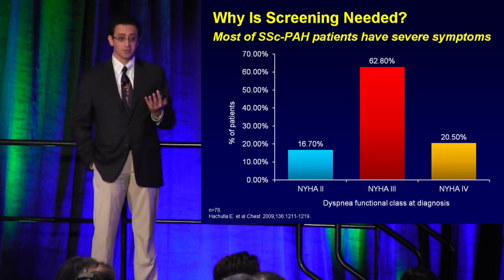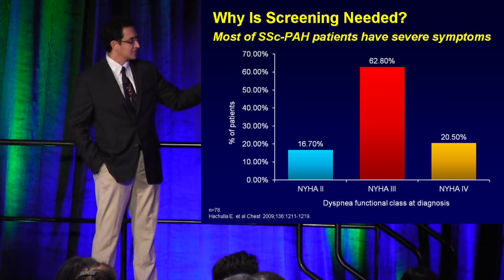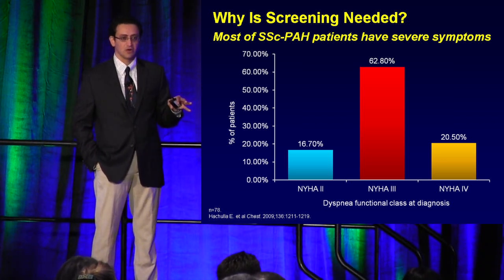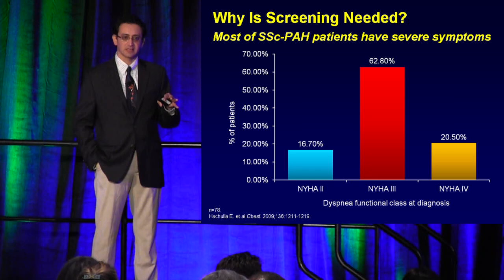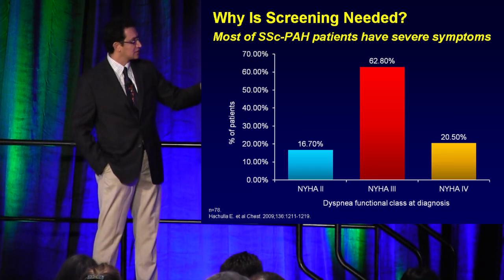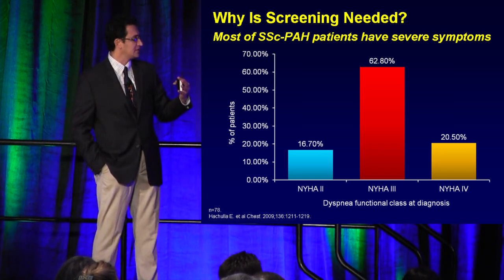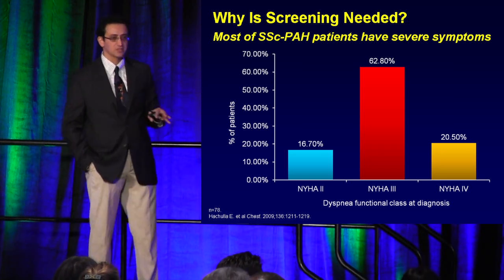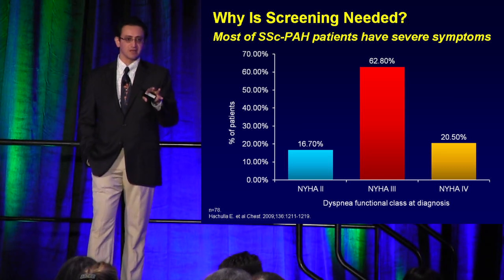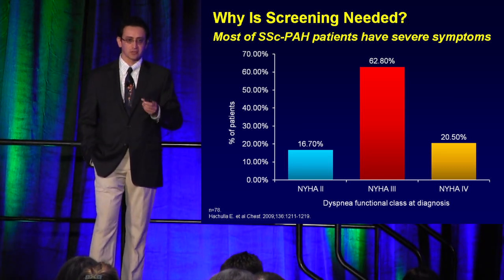And that's what we want people to be in. Class 2 is that you get short of breath or have difficulties, fatigue, and things like that when you exert yourself. Class 3 is that even a little exertion causes shortness of breath, fatigue, dyspnea. And class 4 is that you're in heart failure. Even sitting in a wheelchair or in a seat can give you shortness of breath.